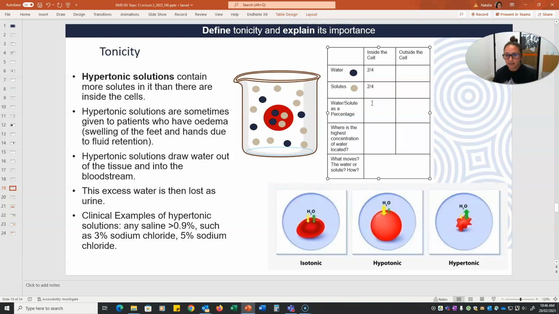So that means that in our cell, we have 50% water and 50% solute.